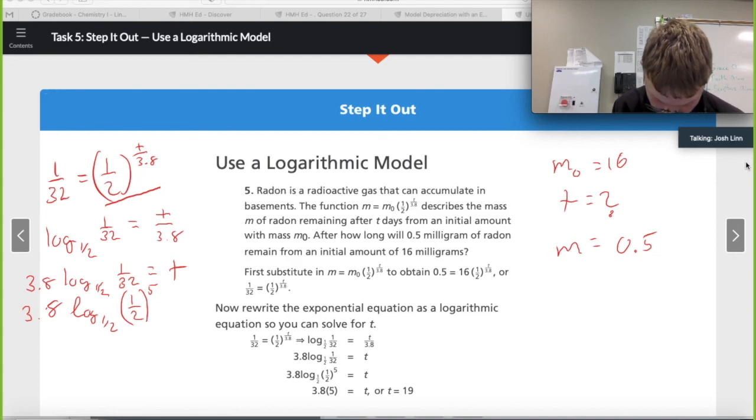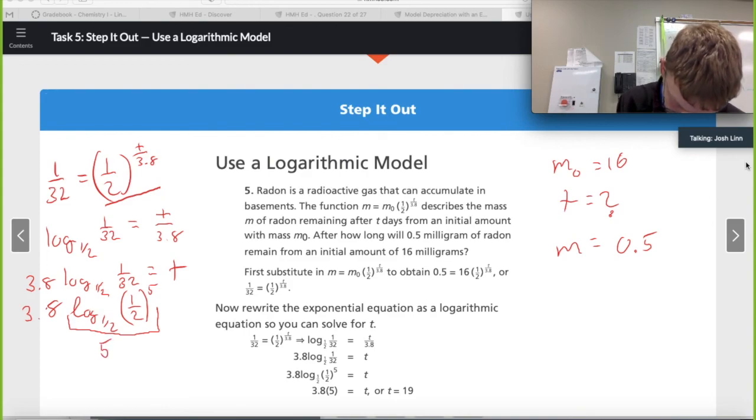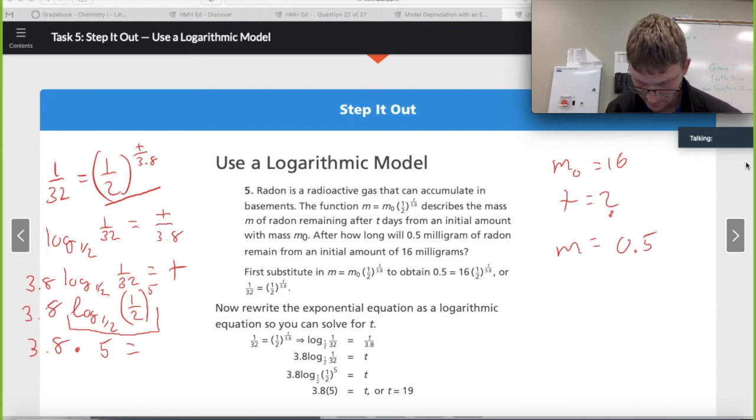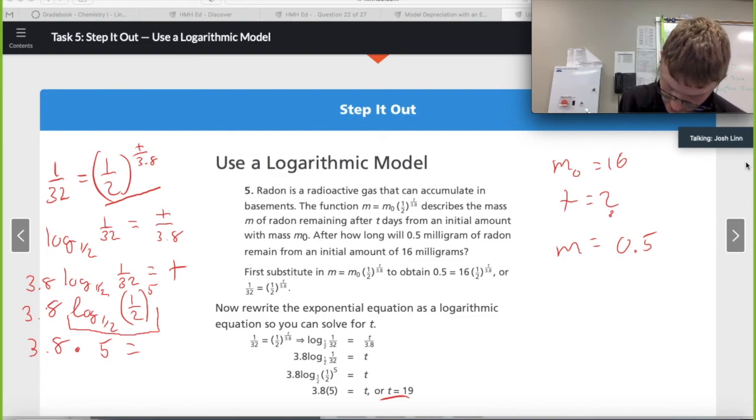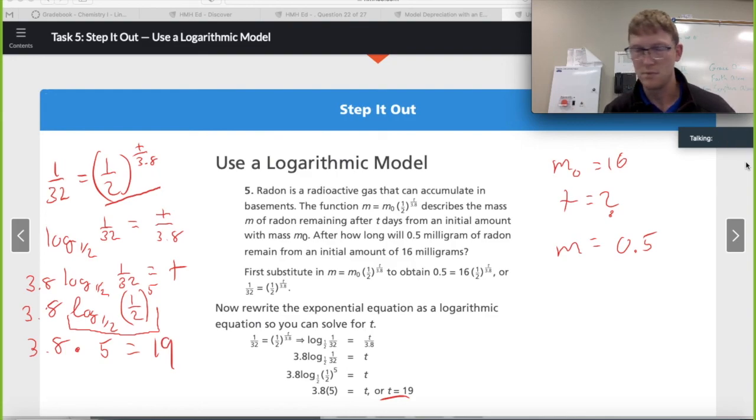So this would all simplify to 5. At this point I would just throw it into a calculator, but they tell us right there. So that's going to equal 19. Just to double check them, 3.8 times 5 is 19. 19 even. Neat.